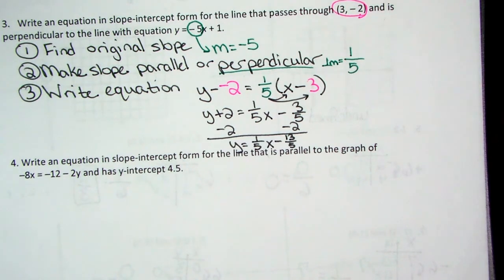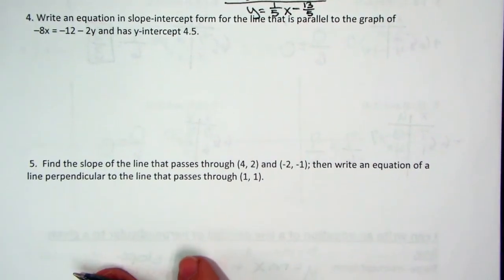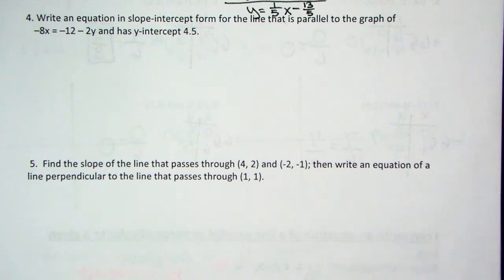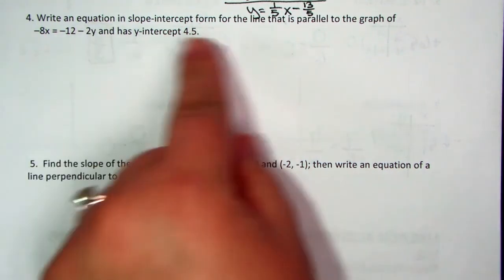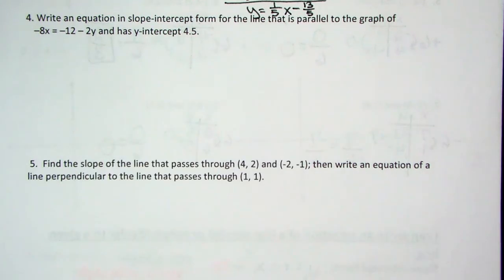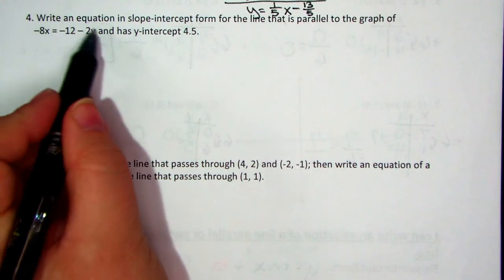Next one. Write an equation in slope-intercept form for the line that is parallel to the graph of negative 8x minus 12 minus 2y, and it has a y-intercept of 4.5. Okay, the first step is we've got to find that original slope. Well, if I'm going to find the original slope, that means I got to get y by itself.